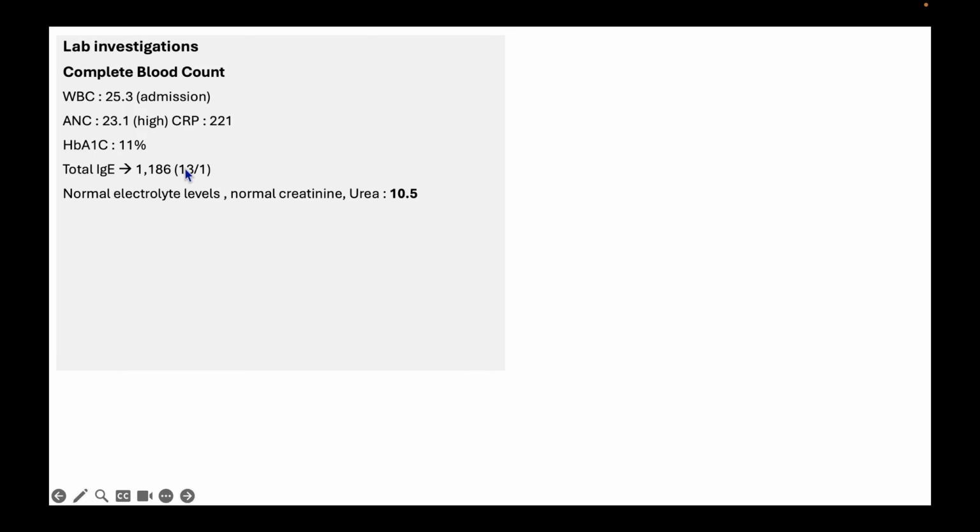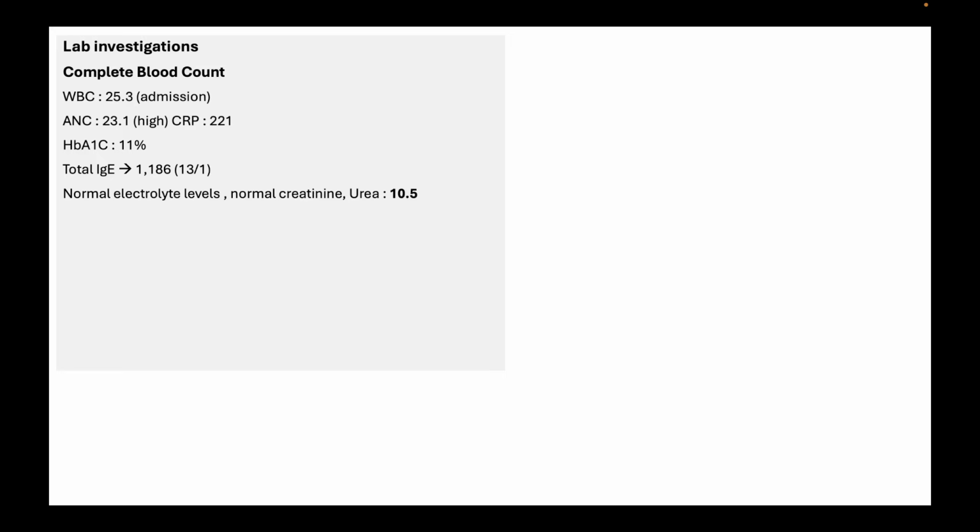And then normal electrolyte levels, normal creatinine, blah, blah, blah. His urea was 10, okay? Now, this urea is important in order to calculate CURB 65 for this patient. I didn't do it, but for you guys, whatever diagnosis or topic you're doing, make sure to include any score that is popular or widely used.